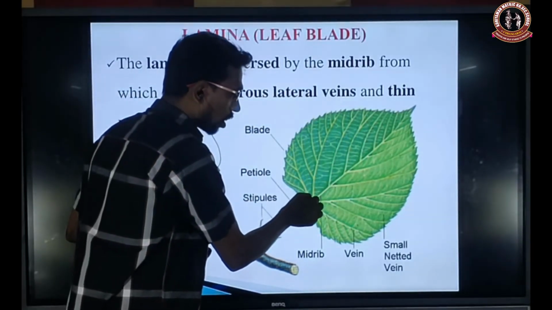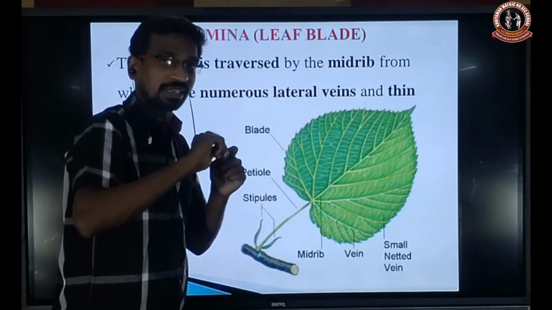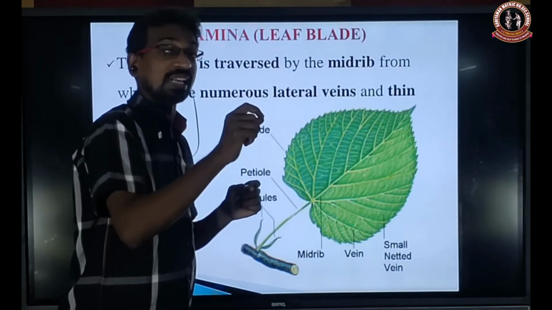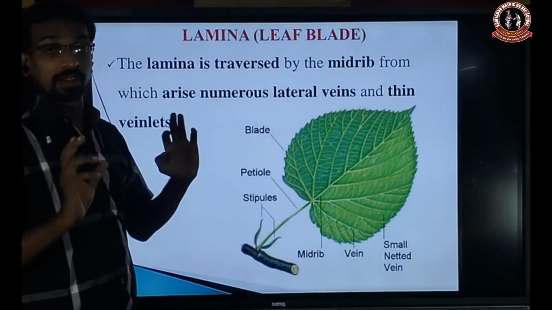The veins originate from the midrib, and each vein is again laterally divided to form veinlets. All are interconnected with the vascular tissues.